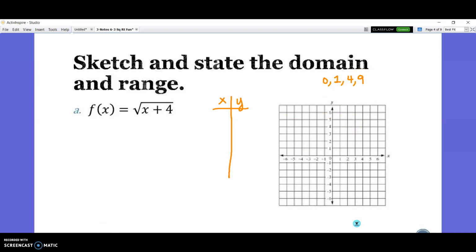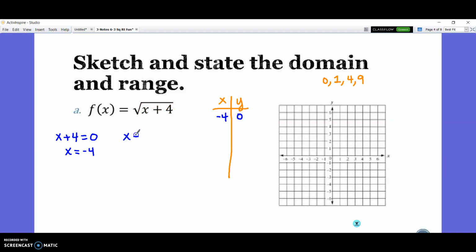So that means that whatever's underneath the square root, which in this case is x plus 4, could equal 0. That's the smallest square root that we want. So if x plus 4 is equal to 0, then x would equal negative 4. So if I plug in negative 4, I would get the square root of 0, which is 0.